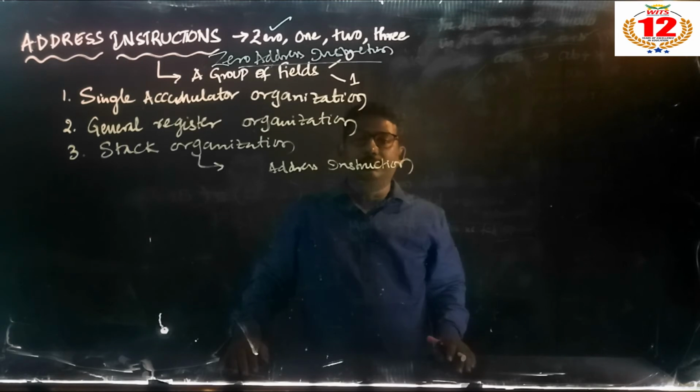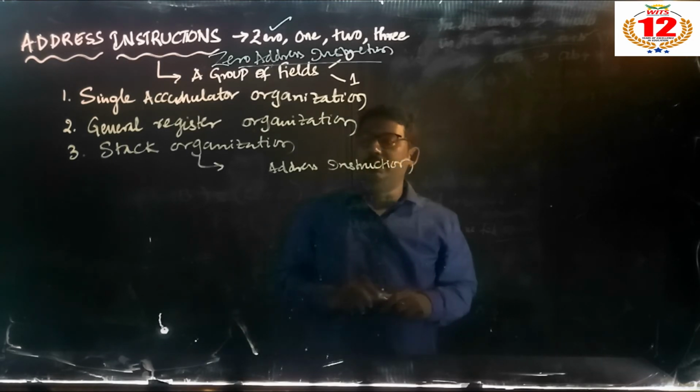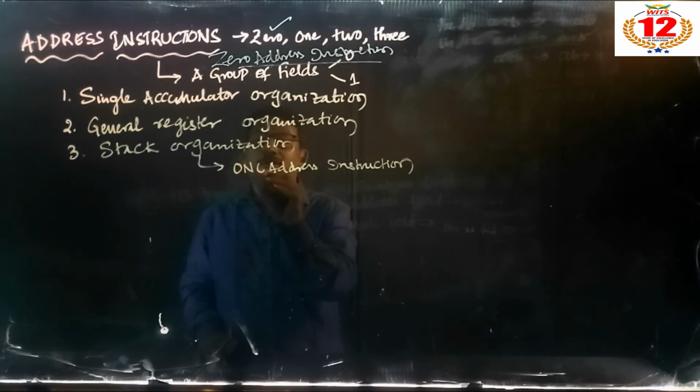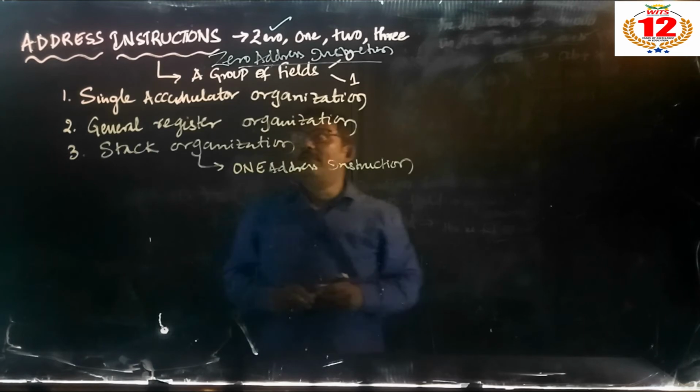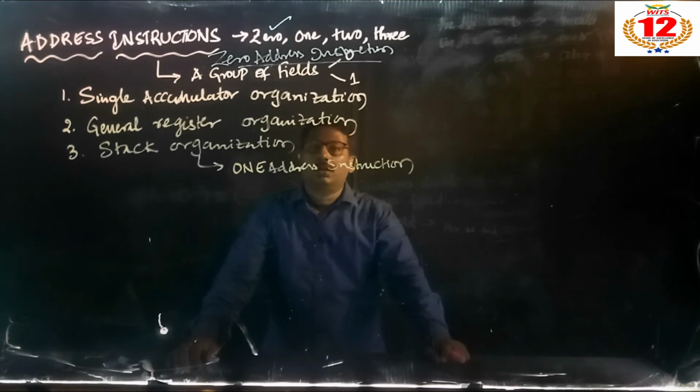After the zero address instruction, the next instruction is the one address instruction. The one address instruction is used in memory address instructions, where it is implied by the accumulator.